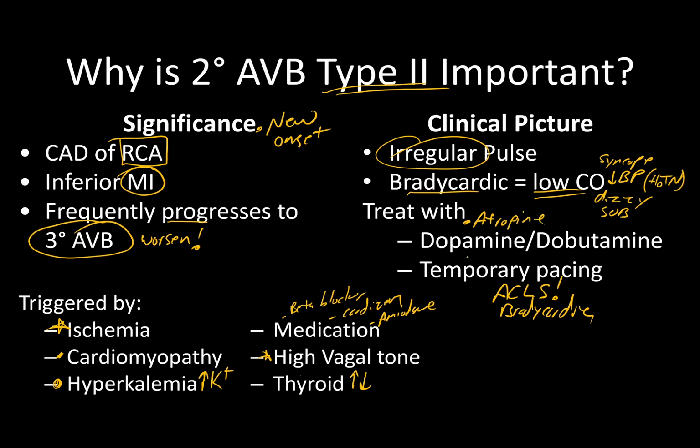If you can't, there's always temporary pacing, either with pads, or if you're at the hospital and can manage to, you can put in a temp pacer and actually thread one in with the patient. And we'll actually talk about that a little bit in the pacemaking section. But those are your treatments. Again, look at the patient, treat the patient, go off of their symptomatics. If drugs work, dopamine or dobutamine are usually good choices to help get that heart rate and the blood pressure back up.